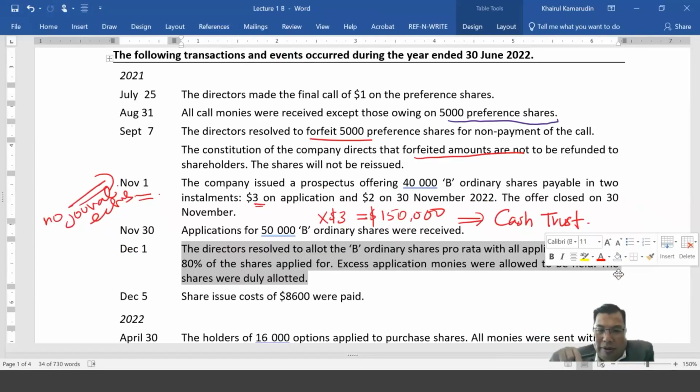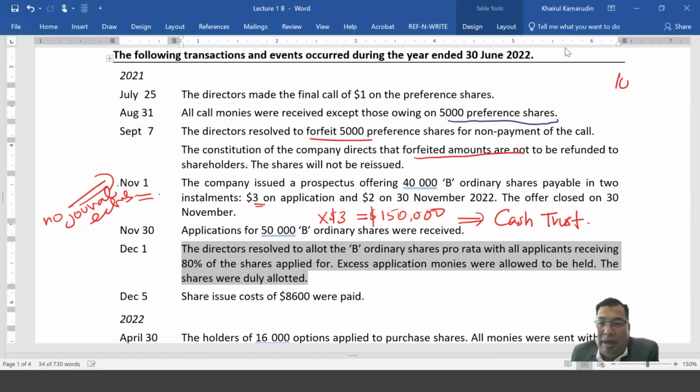In this example, we're going to use pro rata basis and our company policy allows us to keep the extra money. If you want to buy 10, you only get 8. So the difference that you already paid, the 2 here, will be used for the next call, next payment.